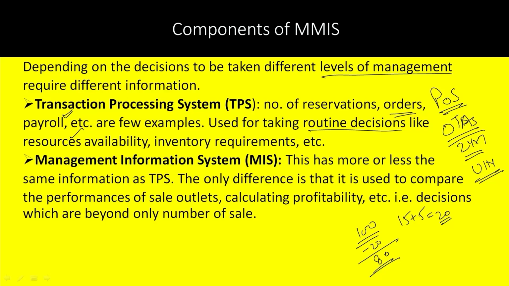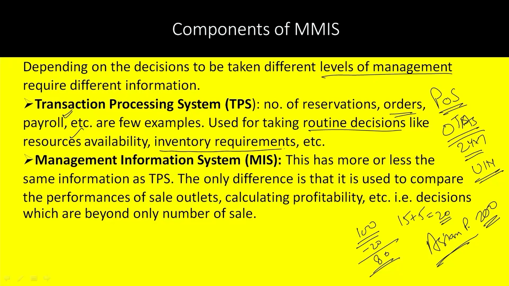Now, next is inventory requirement. Let us say Asian Paints is a company. If from Asian Paints they are taking a group of, let us say, 200 dealers on a trip to Darjeeling, then for that group of 200 people, the number of rooms, how many coaches, how many tour managers, how many guides, their food arrangement, their entertainment arrangement, their to-and-fro tickets, all this inventory requirement can easily be compiled through this TPS.